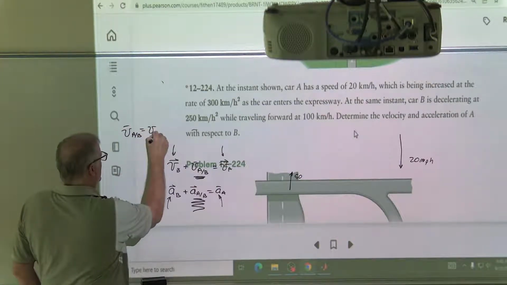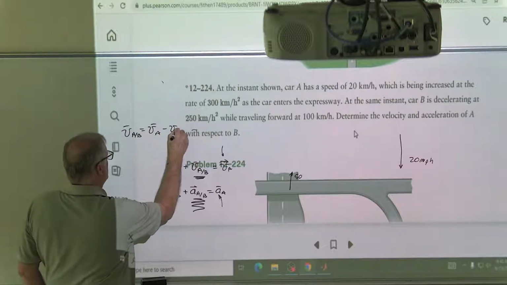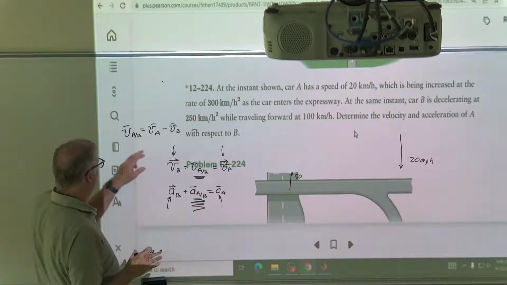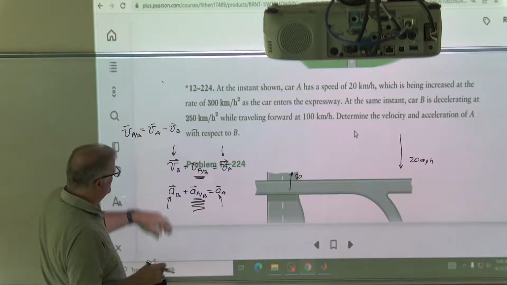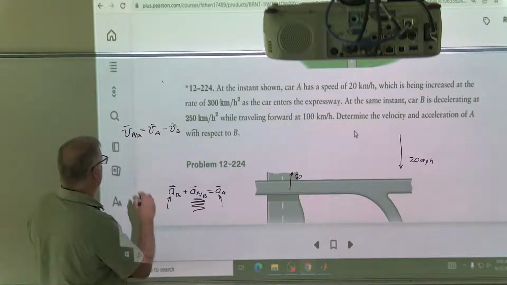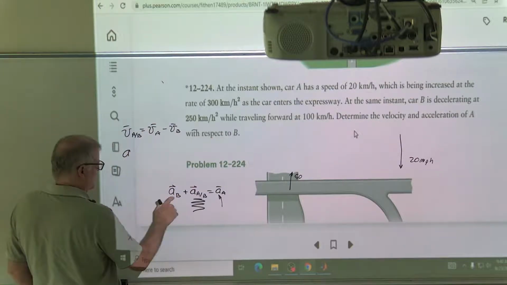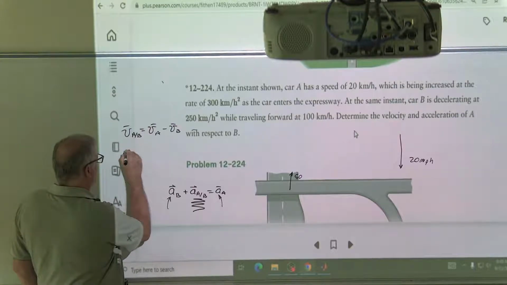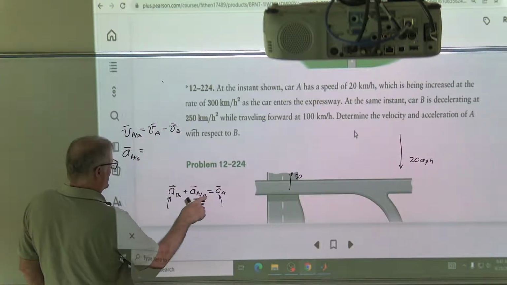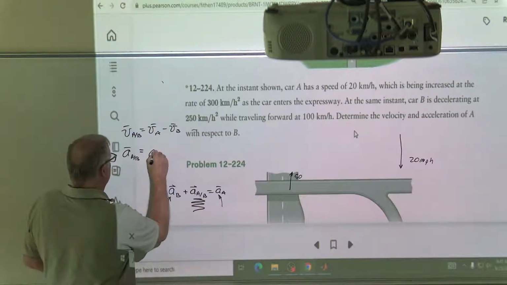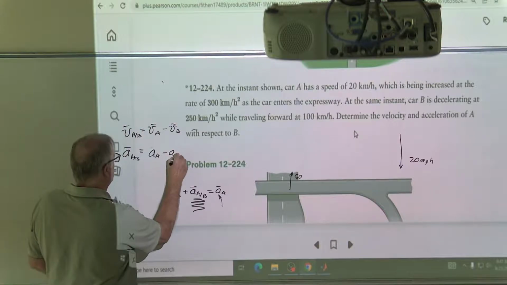Equal velocity of A minus velocity of B. The other way you can remember this, I don't try to remember it this way, AB, AB. I don't try to remember it that way, but I try to remember it this way. Say velocity, acceleration A minus acceleration B.